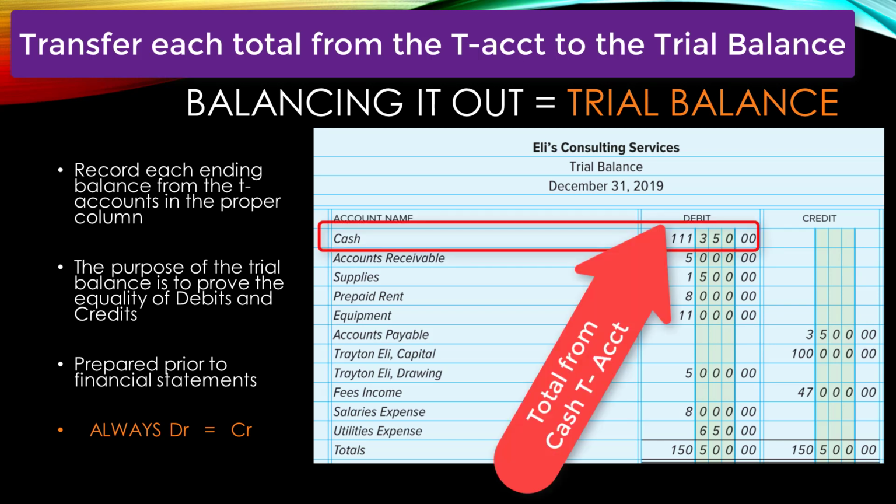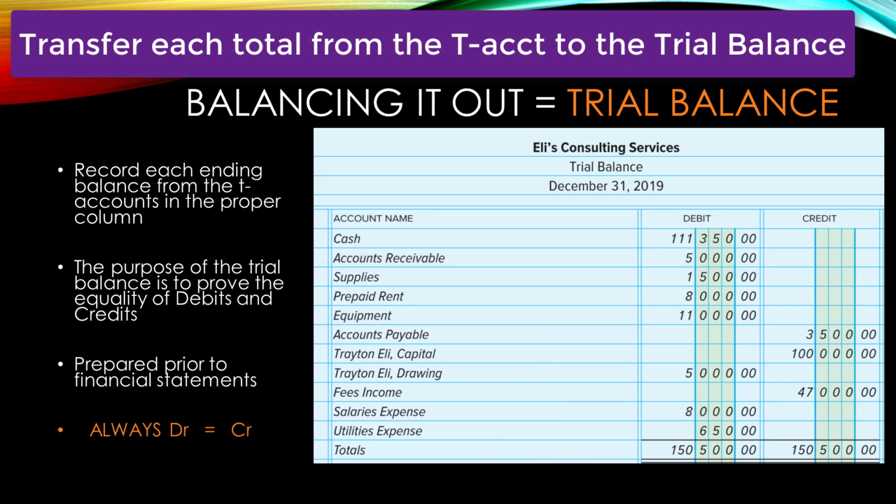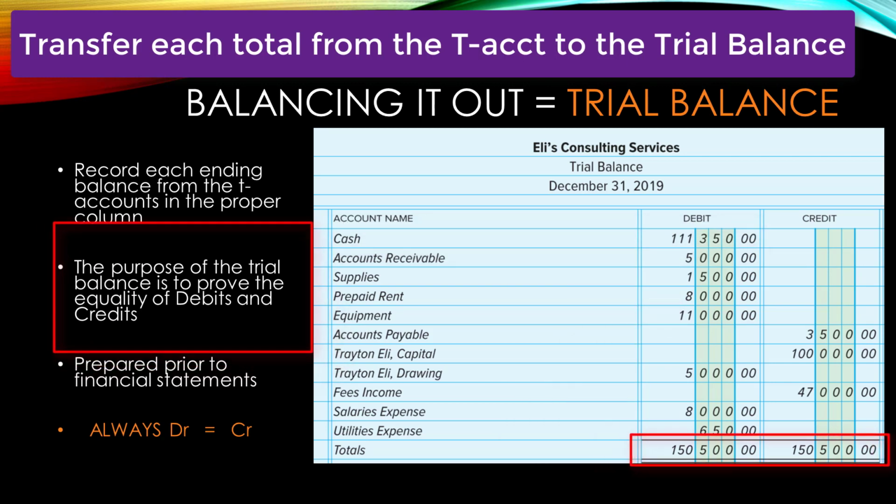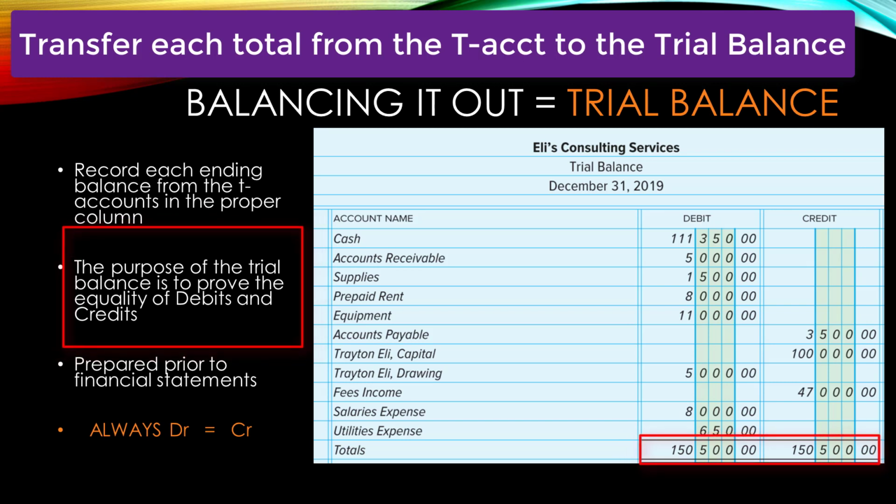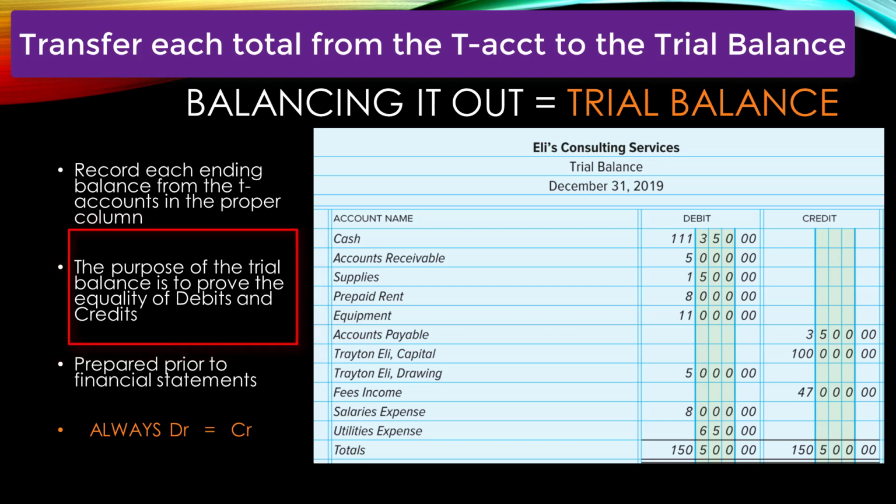The purpose of this trial balance is to prove that the sum of the debits equal the sum of the credits. It is a good idea to prepare a trial balance prior to creating the financial statements. And like always, on the last line, the debits must equal the credits.